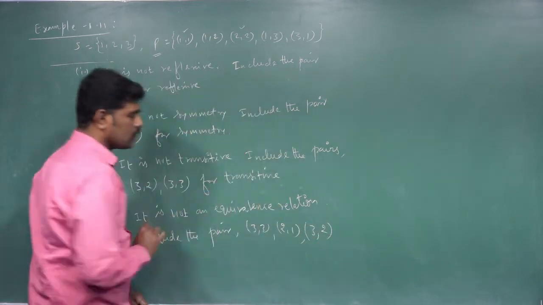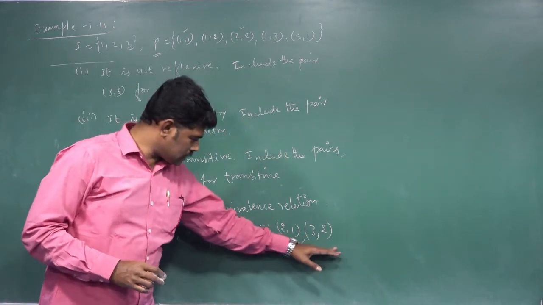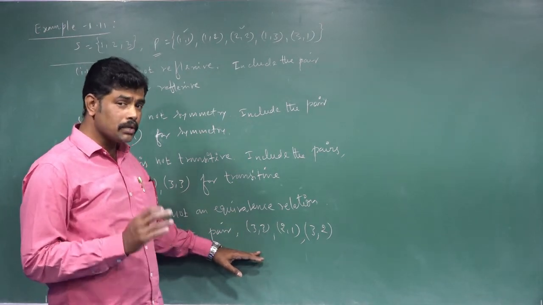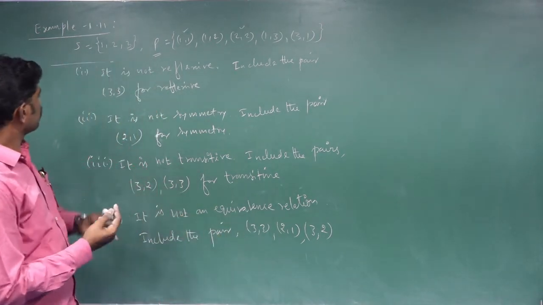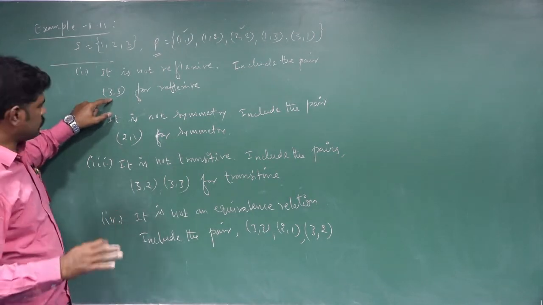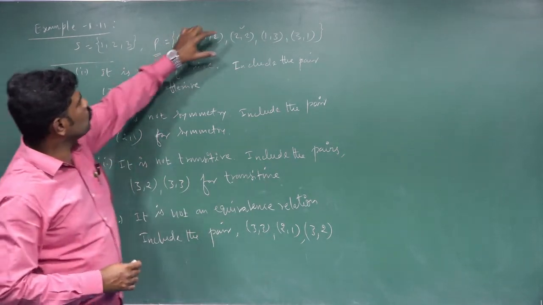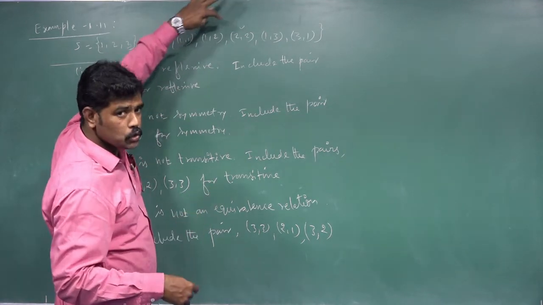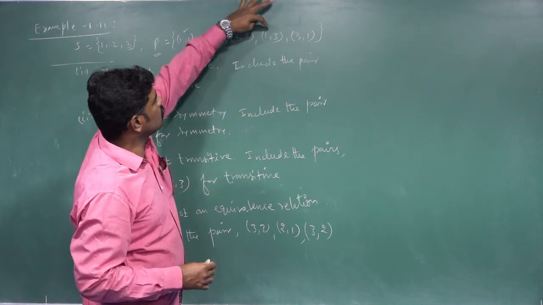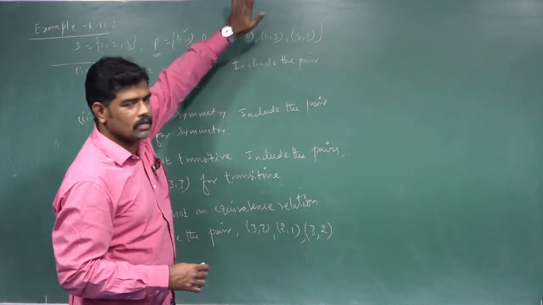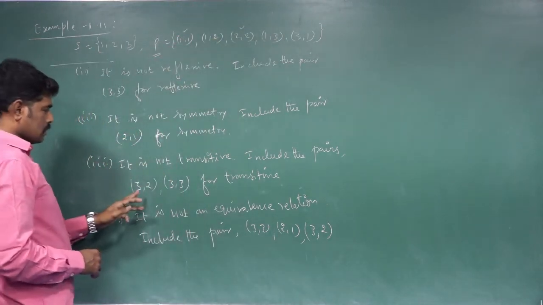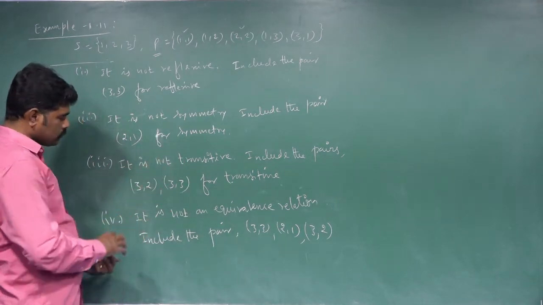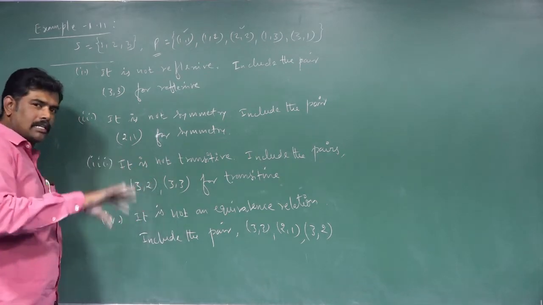(3, 2). Now see, if we include these 3 pairs, it will still not be an equivalence relation. If you include (3, 3), it will be reflexive. If you include (2, 1), then (1, 2) has its reverse order (2, 1) included, right? Then (1, 3) has its reverse order (3, 1) included. Now if we add (3, 2), it becomes transitive, right?